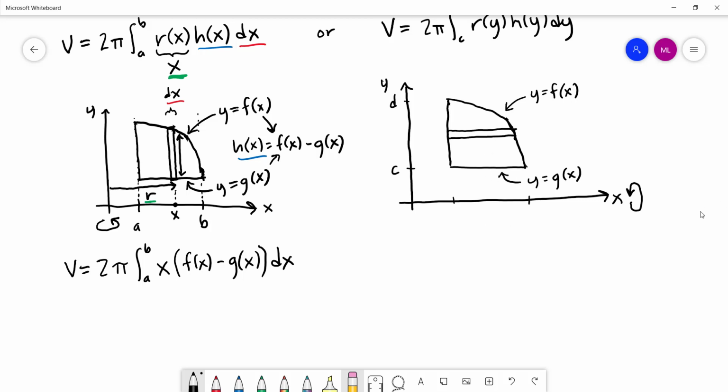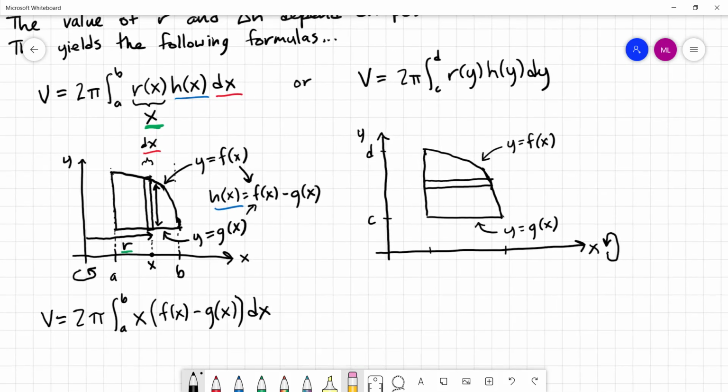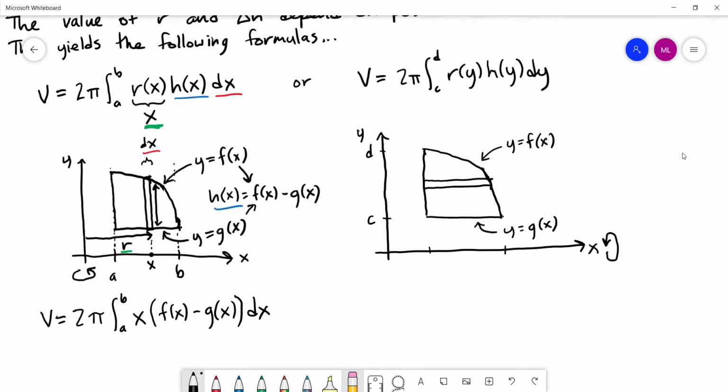So now I'm rotating it around this axis. It's going to make a donut oriented kind of this way instead. And if I want to find that volume, I'm suggesting that this formula up here is what I'll need to do. So let's put in some of these different pieces. Well, first of all, the thickness of our little rectangle is our dy. There's our little thickness, so to speak.